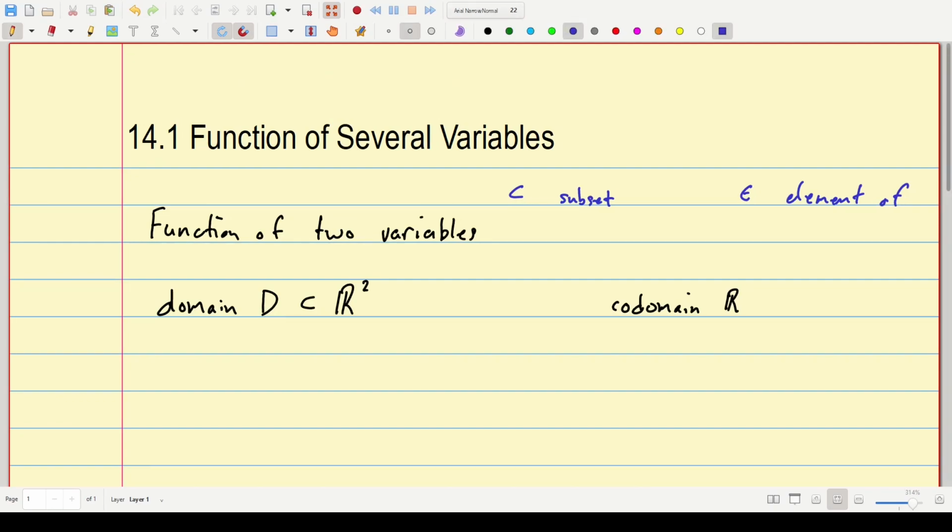Okay. And the idea is that we have some function f that maps our domain into our codomain.